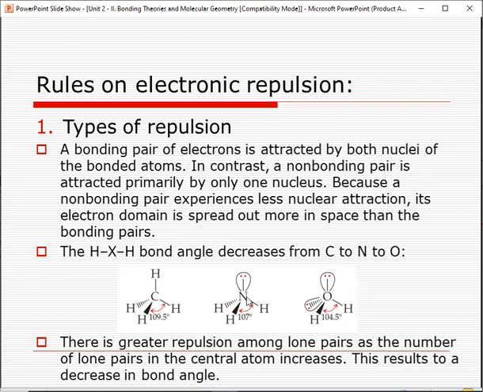Wherever it is attached, it is more attracted there. That is why it has more space, it is more spread out in space than the bonding pair. So you can see that as the lone pairs increase, the bond angle decreases. There is greater repulsion among lone pairs as the number of lone pairs in the central atom increases. This results in a decrease in bond angle.